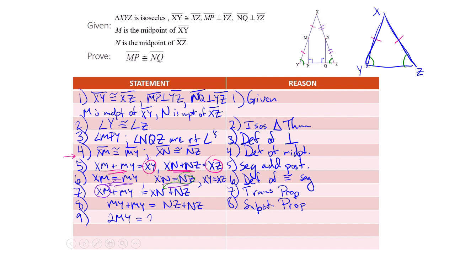2MY equals 2NZ, and so we can divide by 2. For this step, you can say computation, or addition, or combining like terms. Here we can divide by 2, so we can say MY equals NZ. And that's the division property of equality.